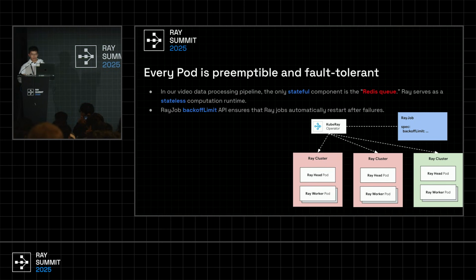In that way we can easily restart the cluster and resume the job, because all the status is still stored inside the Redis queue. We can rely on the Ray job execution limit to make sure every cluster always has a running Ray job to constrain the Redis queue, so that we don't need to manually operate the Ray cluster.